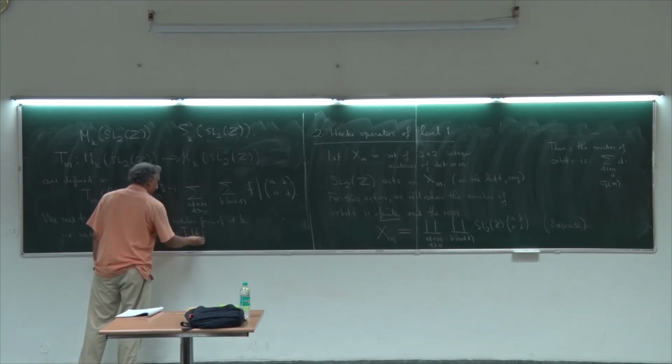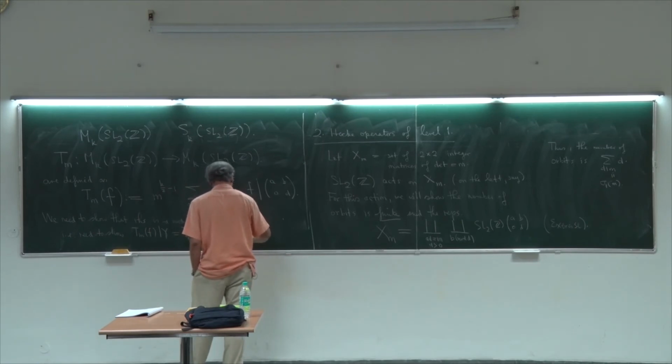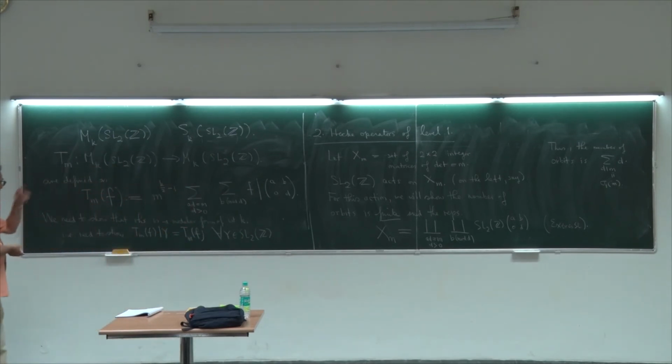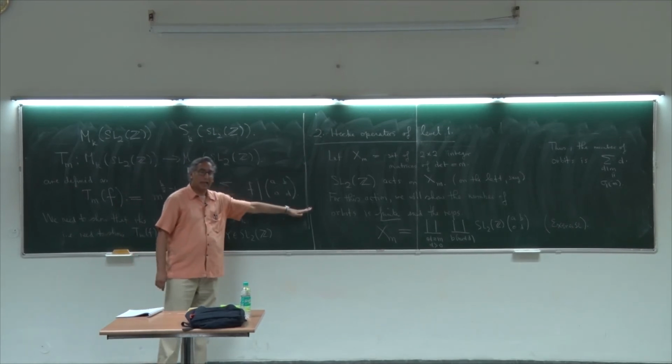Remember, using the slash notation, the modularity condition is neatly expressed as f slash gamma is f. That's what we need to show. So I take the expression on the right-hand side and I slash it with gamma.